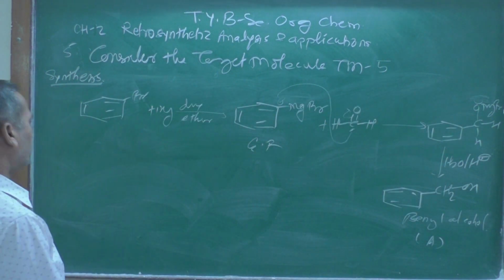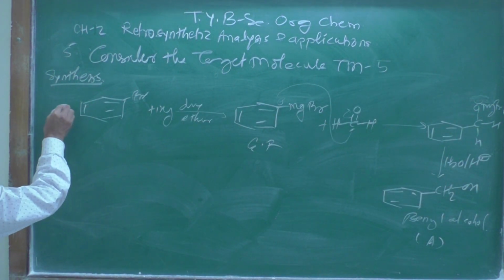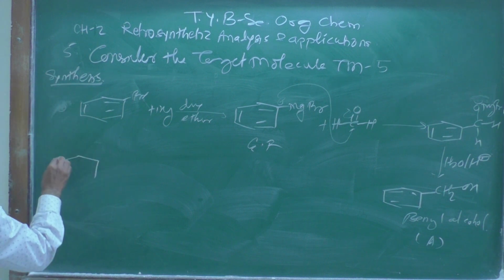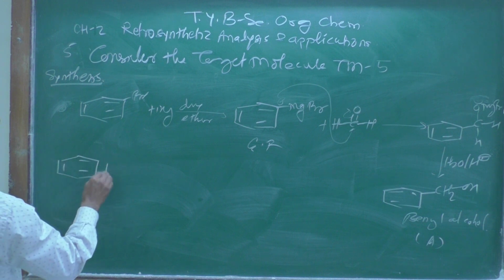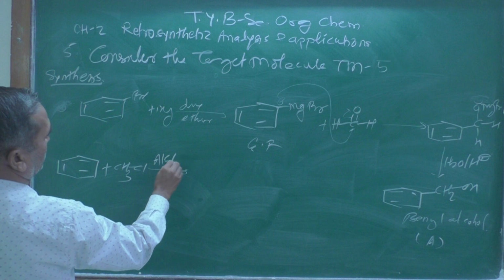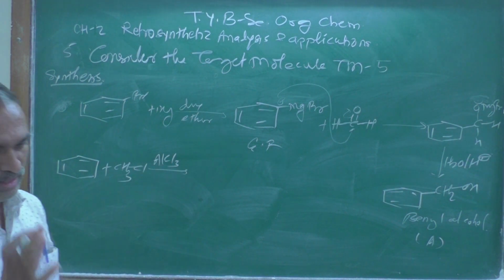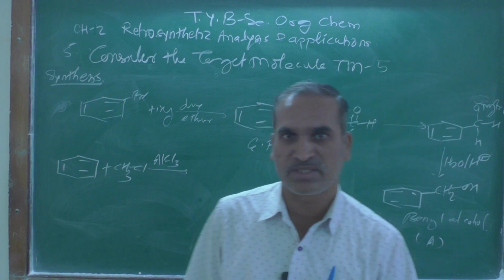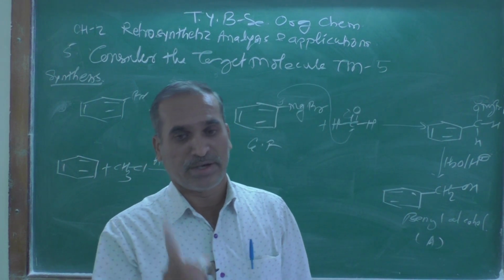Another one, we know that the starting compound is a benzene, and that will be treated with CH3Cl in presence of AlCl3. As we know, this is one of the famous reactions. What is the name of that famous reaction? Everybody knows that.